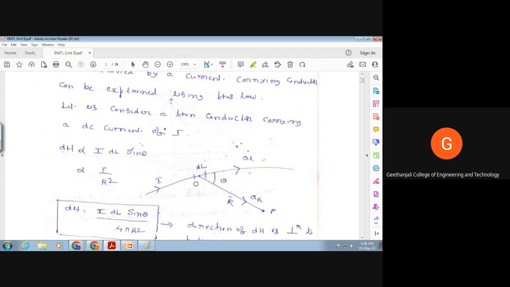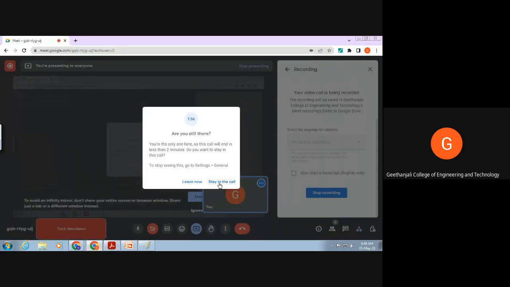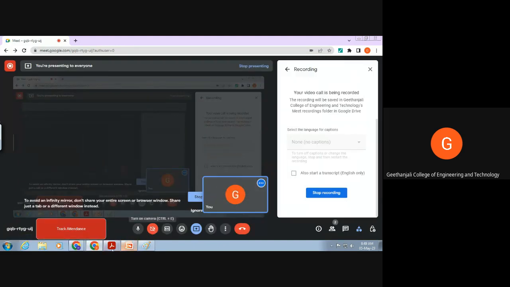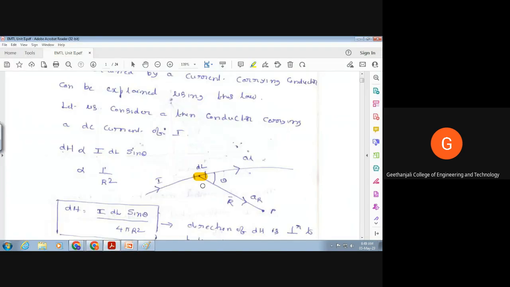If I consider a differential length dl of the conductor, this also carries a current of I. So I dl is a differential current element. Due to this I dl, at a given point P, what is the magnitude and direction of the magnetic field intensity? Assume that the distance from dl to point P is r.